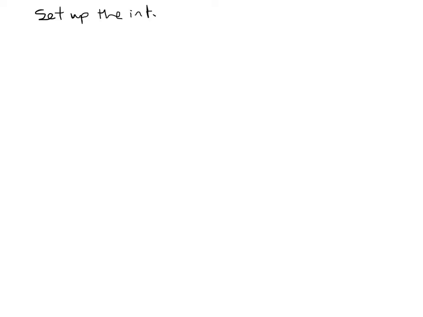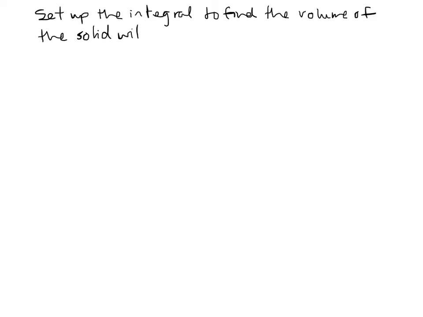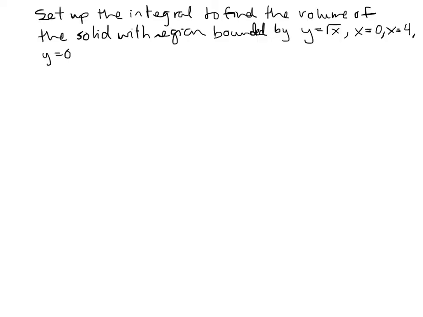So let's set up the integral to find the volume of the solid with region bounded by, we used the function y equals square root of x, x equals 0 and x equals 4, and y equals 0.